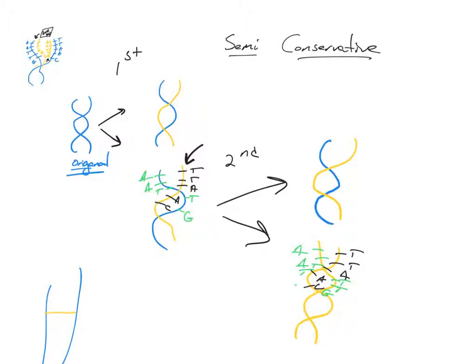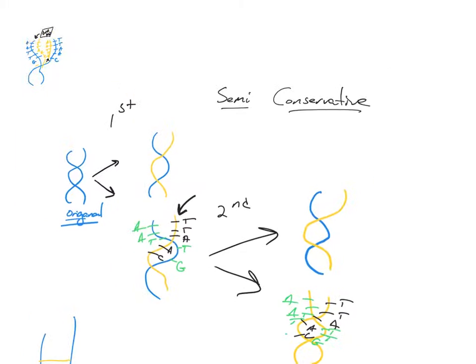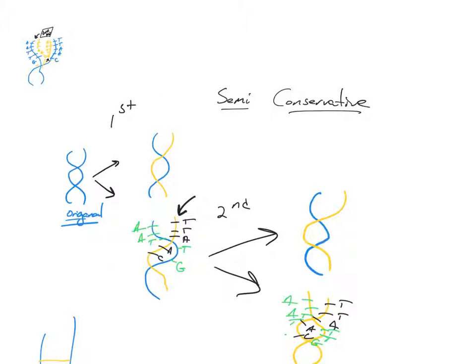But we would expect that because this one was already radioactive. The one that DNA polymerase matches to it should also be radioactive. So we'd expect this whole thing to be radioactive and one of the strands of the other not to be, because remember originally. Now, just in case you're confused, let's make sure you understand that the same thing would happen to this one.